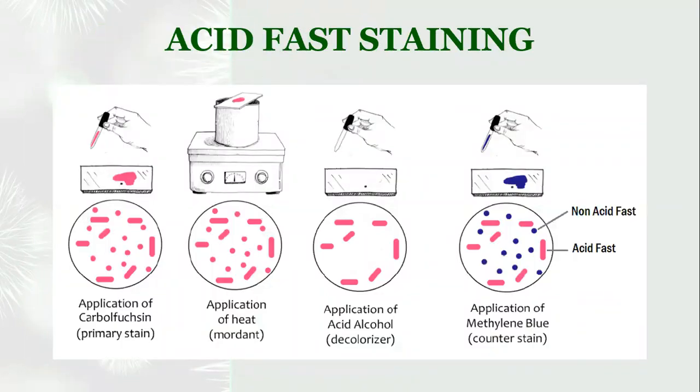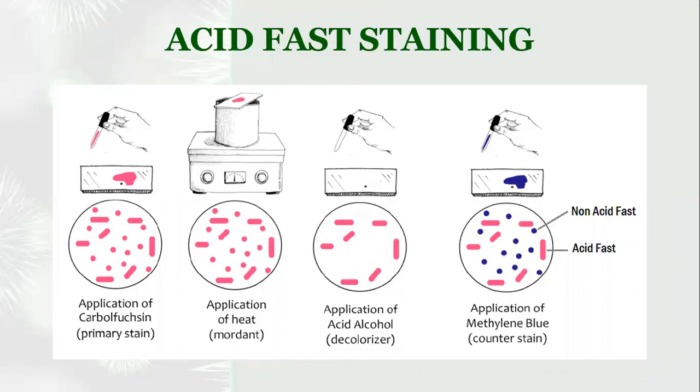And this is the procedure for acid fast staining. The smear is prepared and then a primary stain, carbol fuchsin, is added. After addition of the carbol fuchsin, boil the smear. This boiling enhances the penetration of the dye.